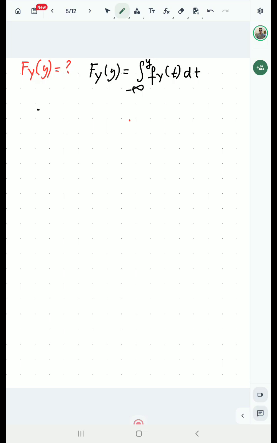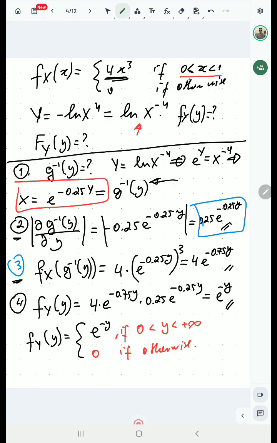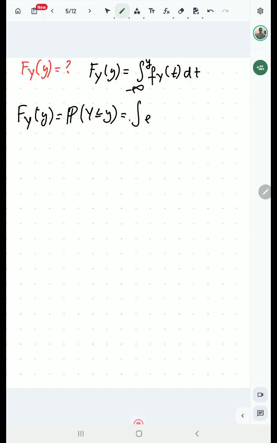Given the PDF of y, we can say that F_Y(y) equals the probability that the random variable Y is less than or equal to y, and that is equal to the integral of the PDF of y, which is e to the power -t.